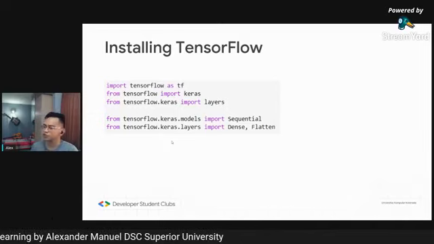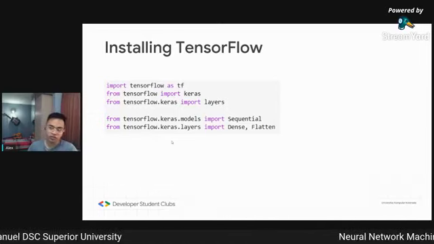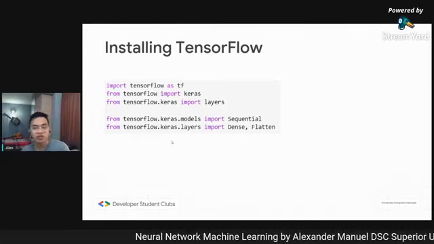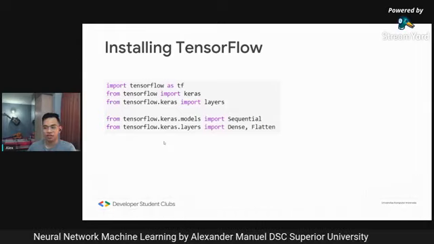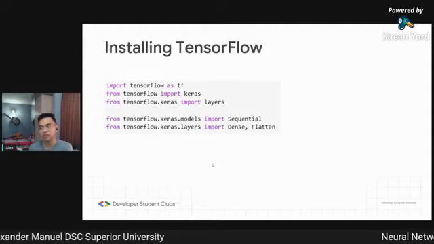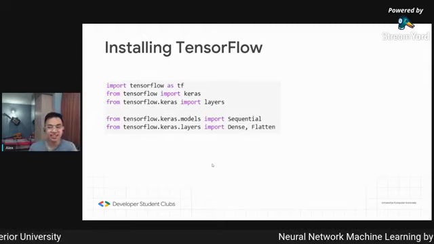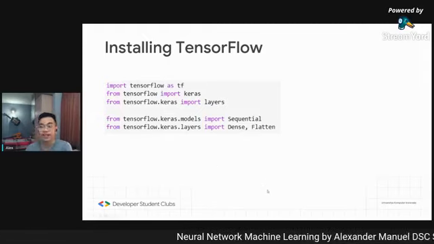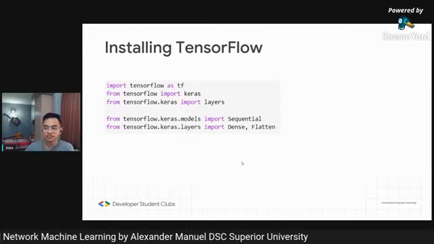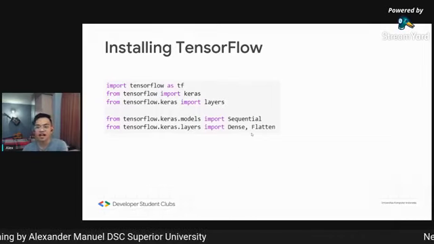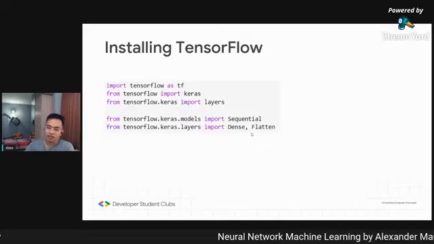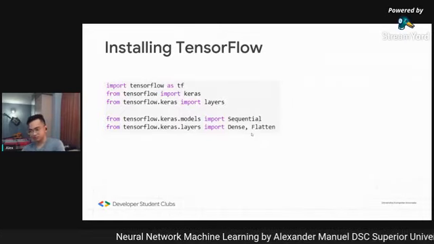Keras and TensorFlow used to not work together, but right now they do. Then we import not the whole library, but only what we need. So we import layers, and then we import models, Sequential. What is Sequential? You will see. And then from layers you import Dense and Flatten. What is that? You will see after this.